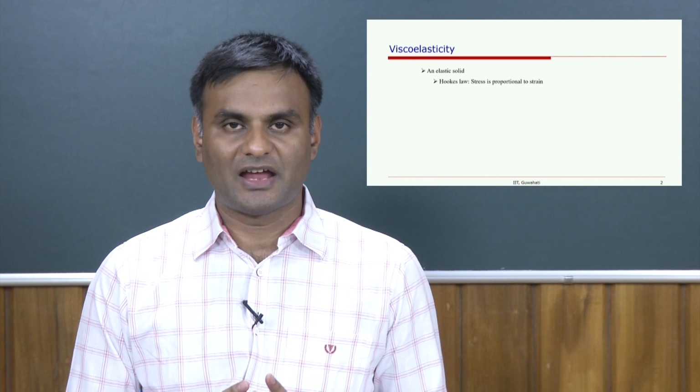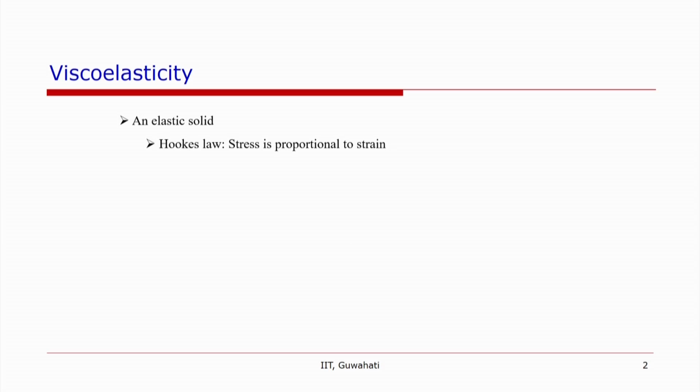An elastic solid follows Hooke's law. So, what does Hooke's law say? Hooke's law says that the stress, say tau, is proportional to the strain. Note, we have been talking about fluids in this course until now, so we have been talking about the relationship between stress and strain rate, whereas for a solid it is the relationship between stress and strain.